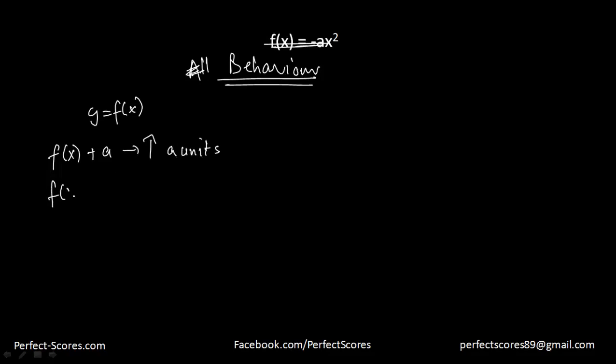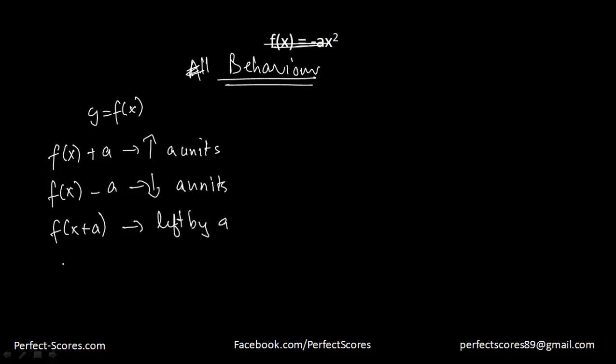Similarly, f(x) - a, then it goes down by a units. If I say f(x + a), it's going to go to the left by a units. If I say f(x - a), it's going to go right by a units.